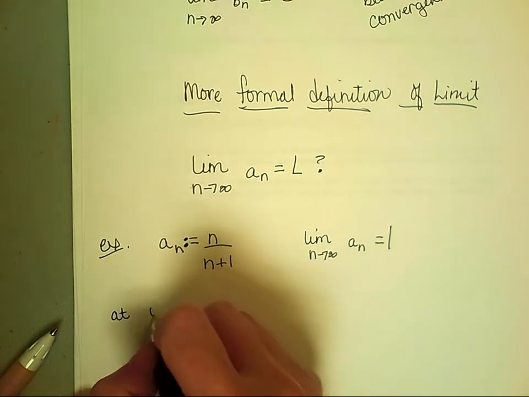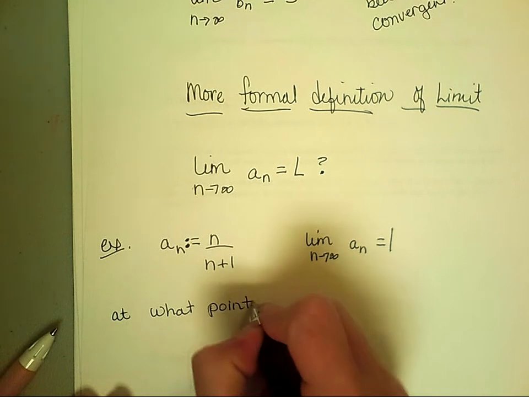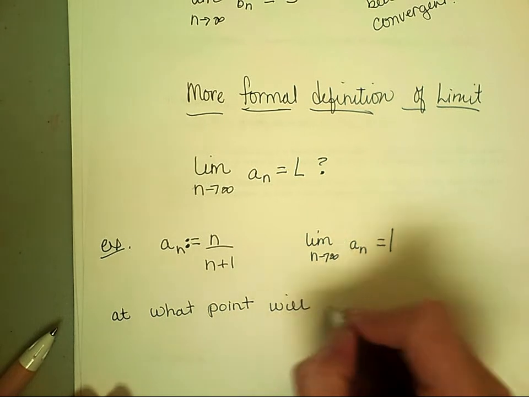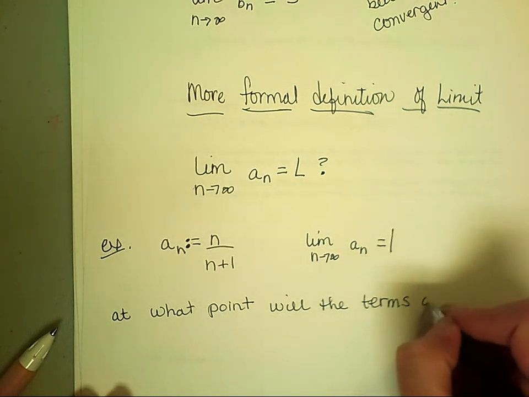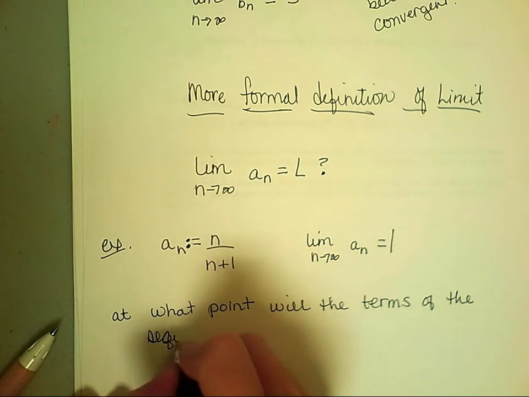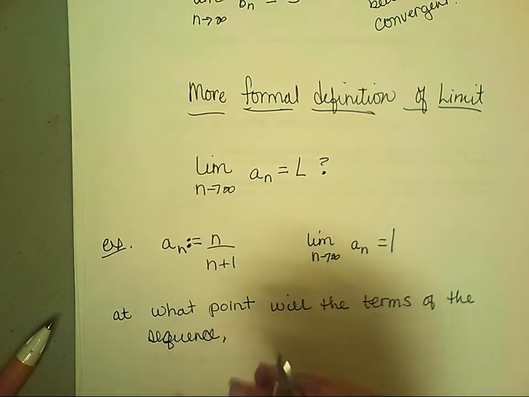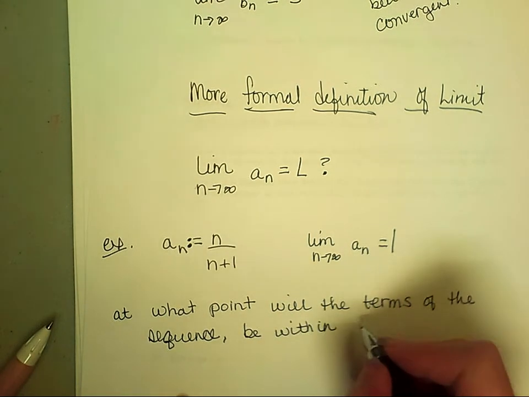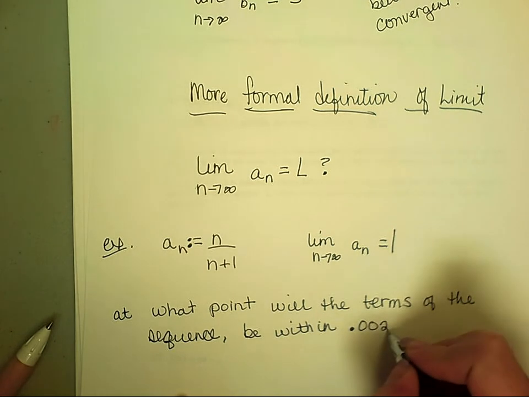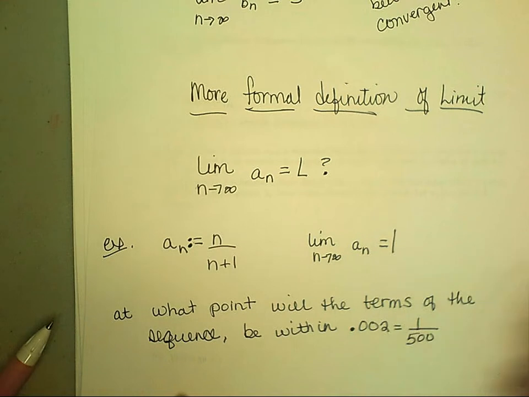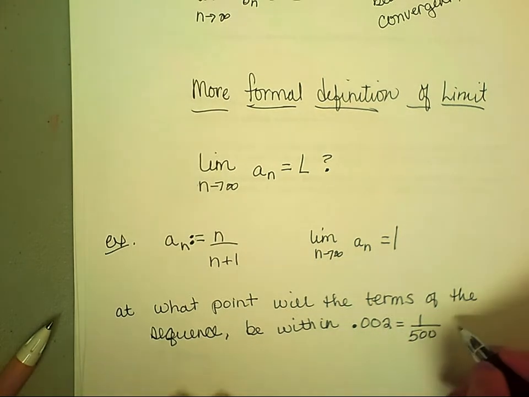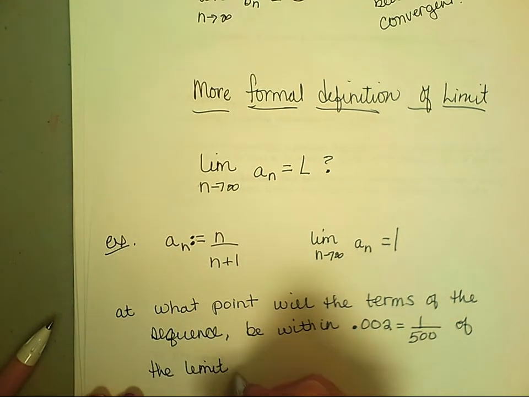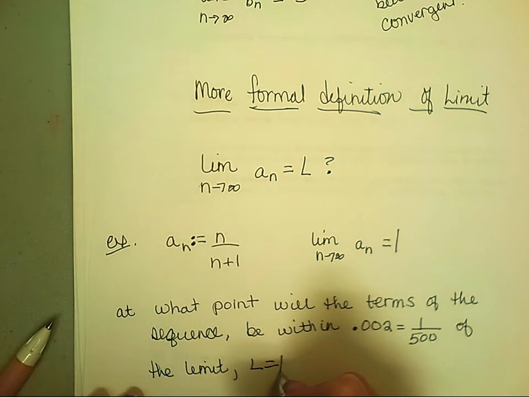But at what point will the terms of the sequence be within 0.002, which is 1 over 500, of the limit, which is L equal to 1?